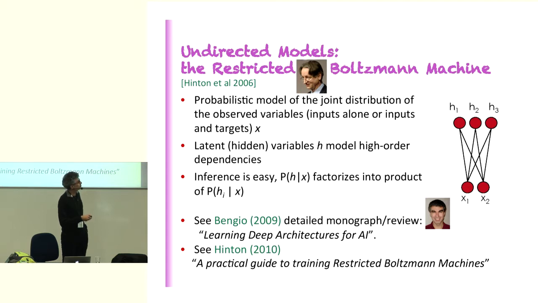You can sample H, you can compute the expected value of H, and vice versa. Given H, you can predict X or sample it very easily. And that's unlike most graphical models, where it's usually easy one way and hard the other way, but rarely easy both ways. That's maybe why this was appealing.